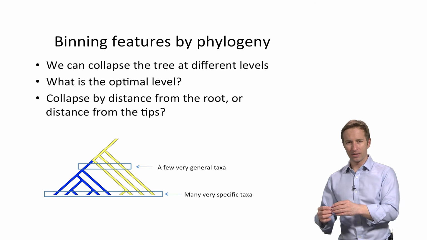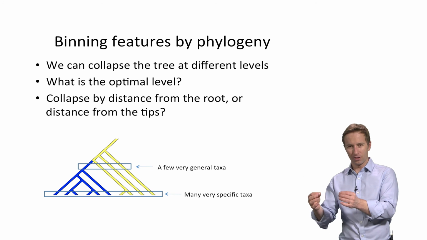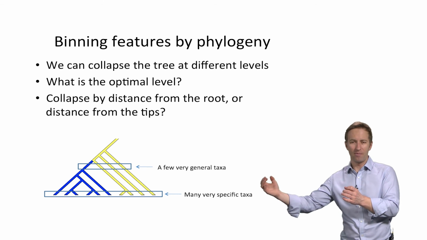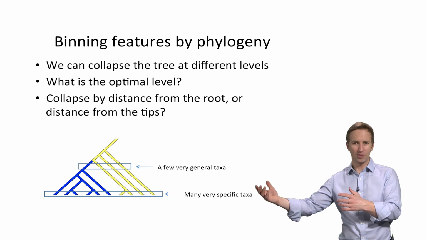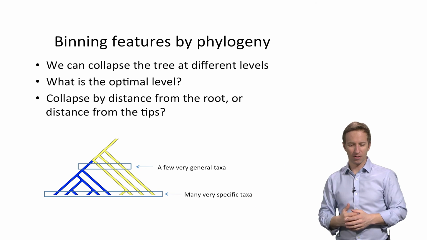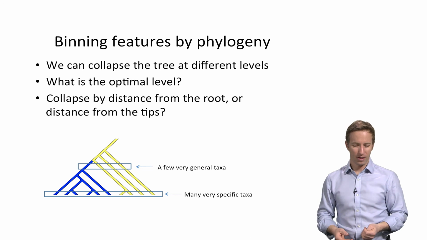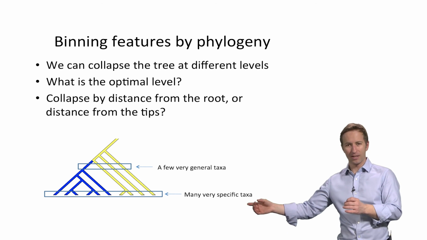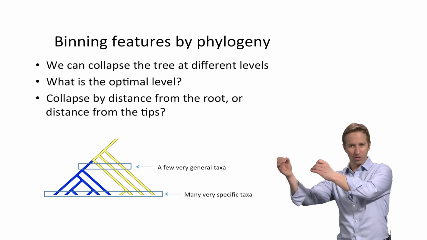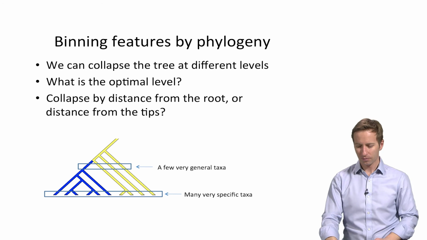You could think of it as going back in time evolutionarily. At the tips of the tree, we have many features, and they're very specific. Then as you go back in time, you have a smaller number of features, and they become more general. And to some extent, functionality is conserved as you go back into the tree.